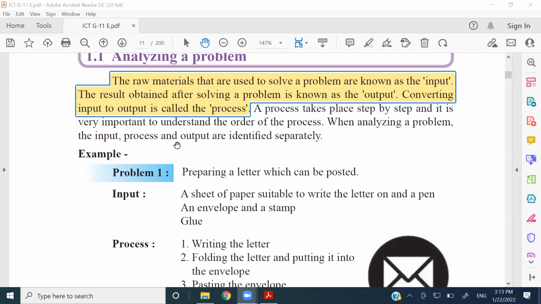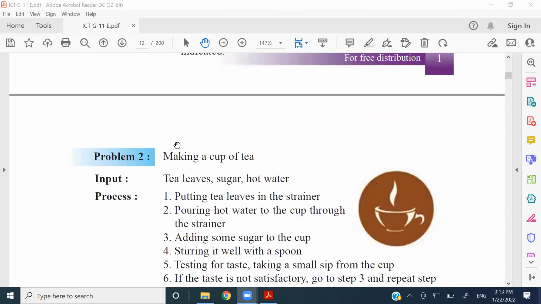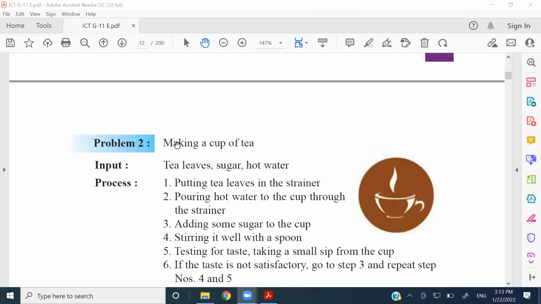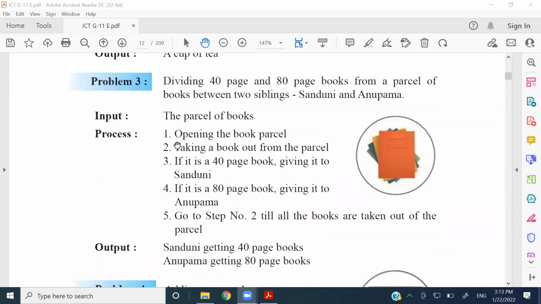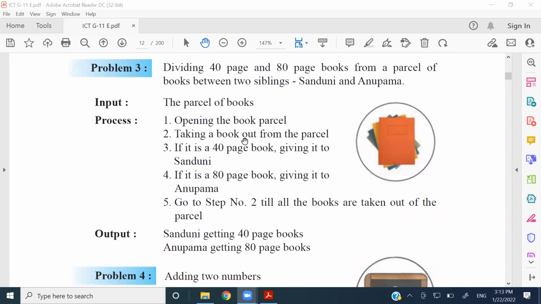All right, so as the example, let's go with this.